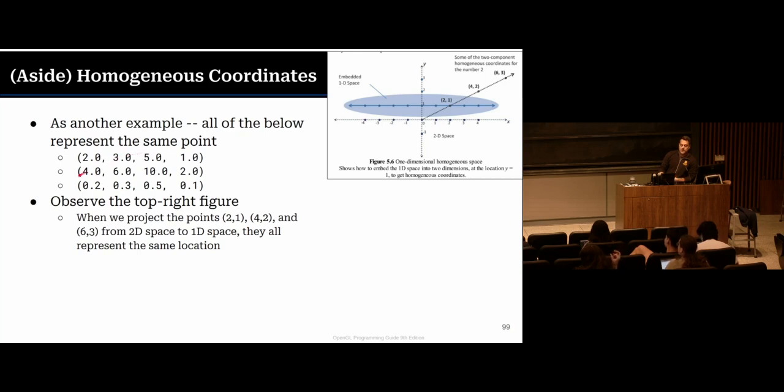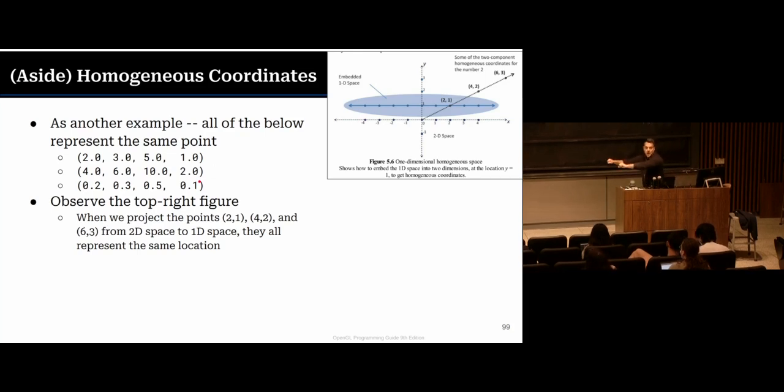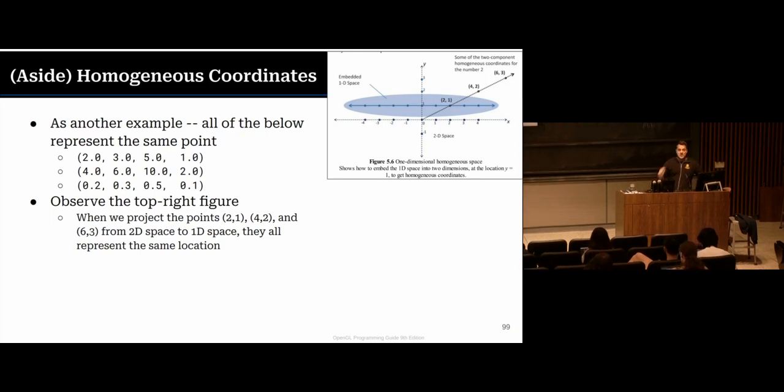But if I take this point here, 4, 6, and 10, and I divide those by 2, 4 divided by 2 is 2, 6 divided by 2 is 3, 10 divided by 2 is 5 as well, right? So it's effectively the same if I just look at these first 3 points and they go through this perspective divide. That's me with my movie projector cart pulling it backwards, for the W value. All right, make sense? If I could move that projector, we could do it live.